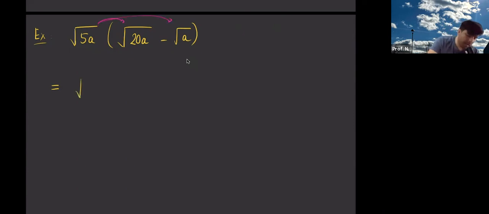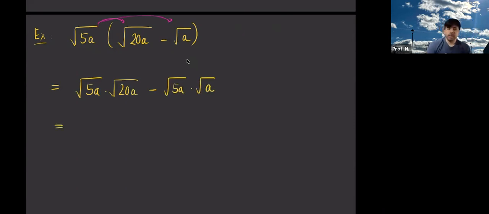So I get root 5a multiplied by root 20a, minus root 5a times root a. What happens when you multiply? When you have two radicals and you're multiplying them, you can now multiply the two expressions underneath.